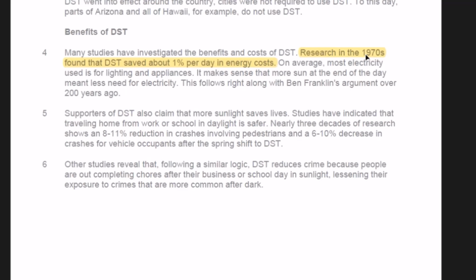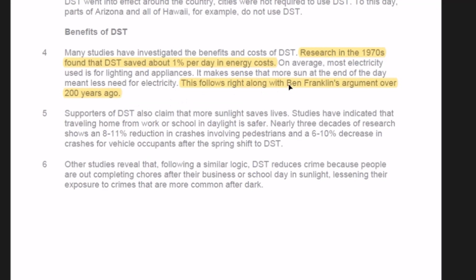Which one is stronger? So the first paragraph goes on to say, on average, most electricity used is for lighting and appliances. It makes sense that more sun at the end of the day meant less need for electricity. This follows right along with Ben Franklin's argument over 200 years ago. So I'm going to go ahead and highlight this last sentence too, because this is another piece of evidence.